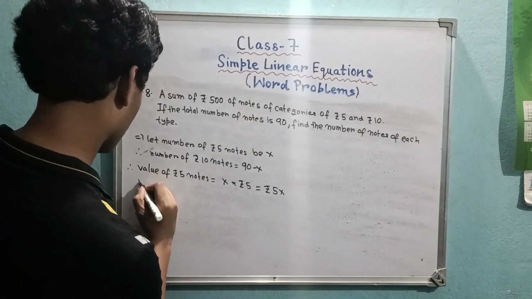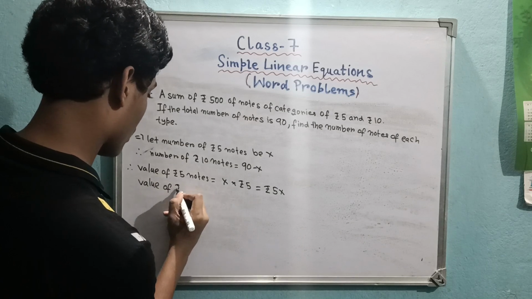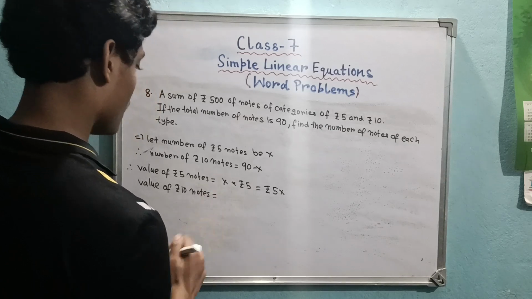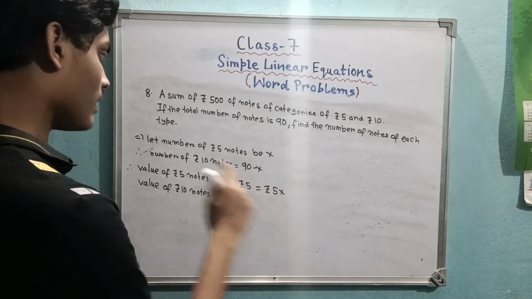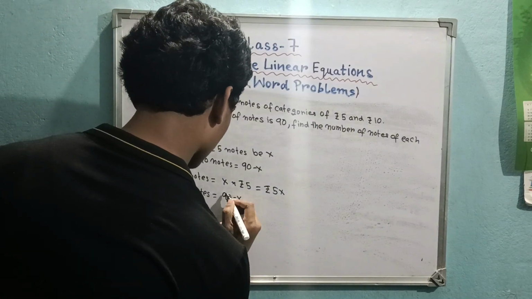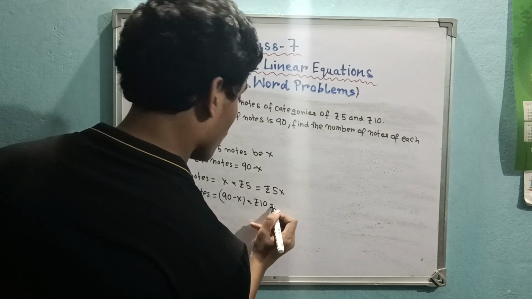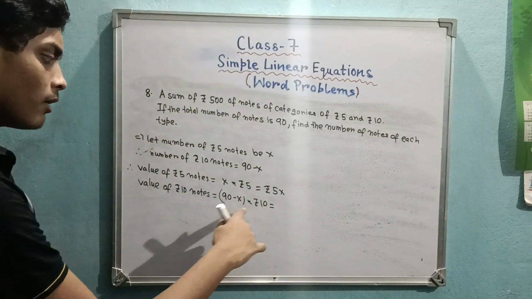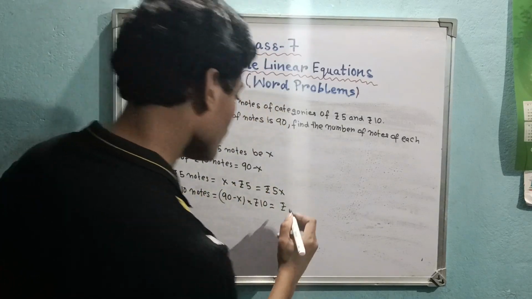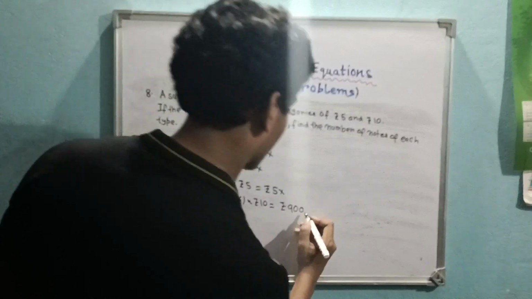Now the value of rupees 10 notes: each note is rupees 10, therefore 90 minus x notes will be 90 minus x into rupees 10. That is 90 times 10, which is 900, and minus x into 10 is minus 10x.